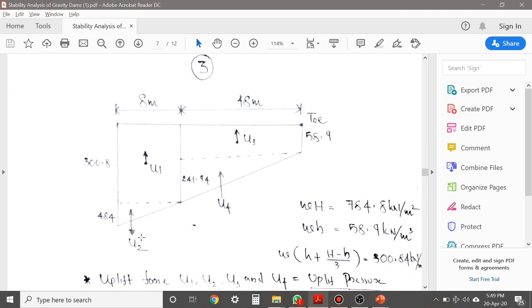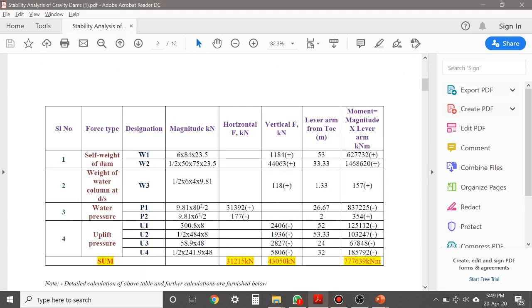Similarly, if you take the moment of U2, U3 and U4 about toe, the moment direction is clockwise, and the clockwise moment sign convention is negative. So the moment due to U1, U2, U3 and U4, you can refer here, is given as negative, and this moment will be equal to the magnitude of force into lever arm distance.